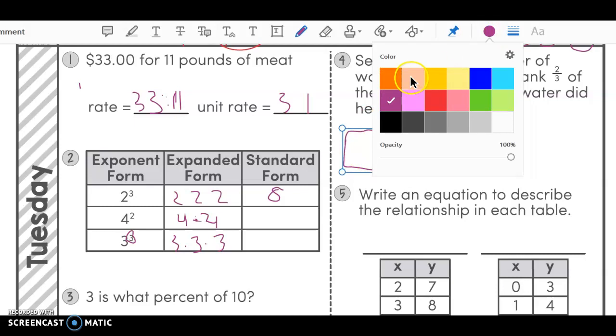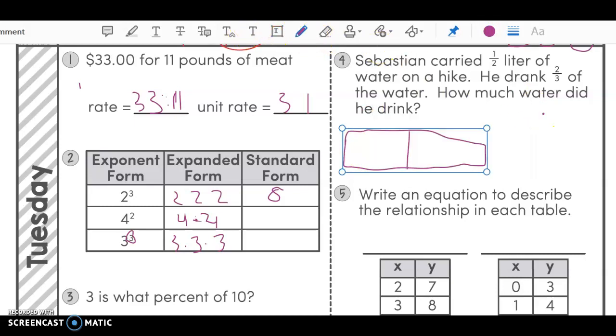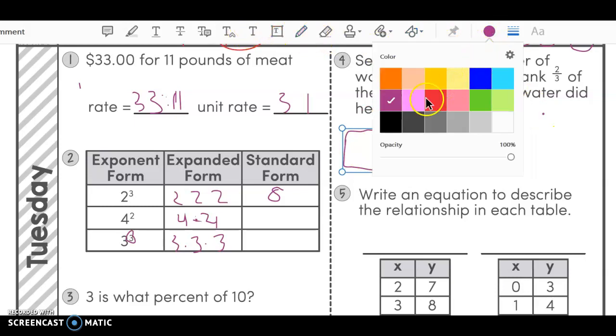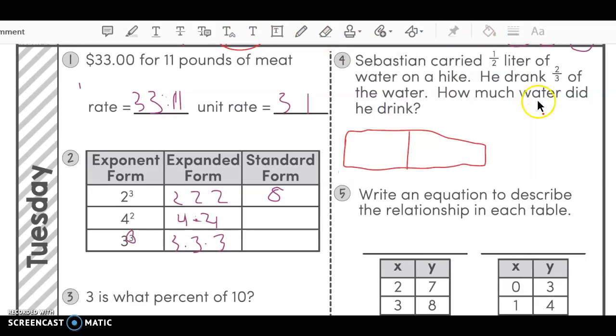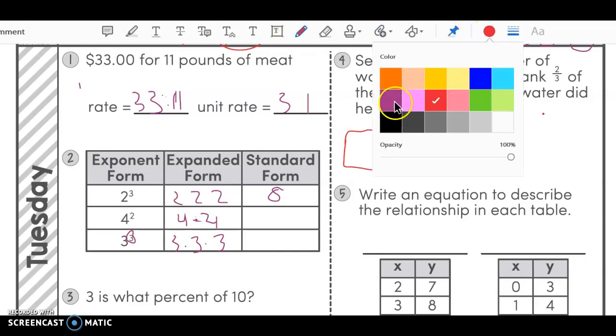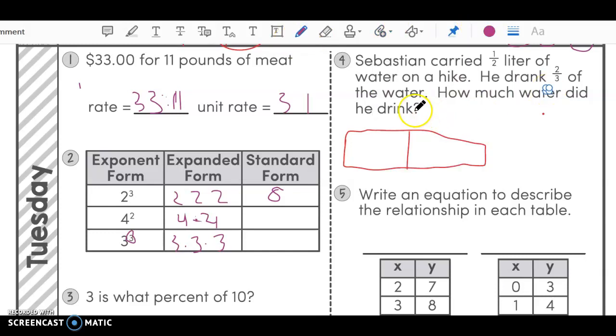I'm going to change my color to red. Ugh, not that though. Oh well, I guess now I can use purple. And he has half a liter, right? So here's our half. He drank 2/3 of it. So that means he drank this and he drank this, right?